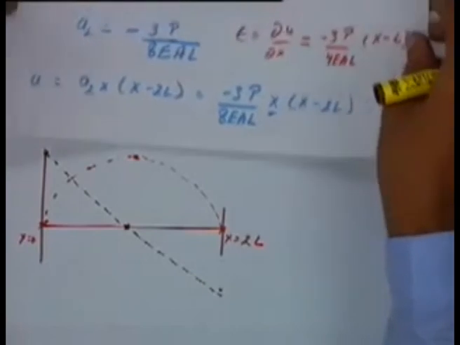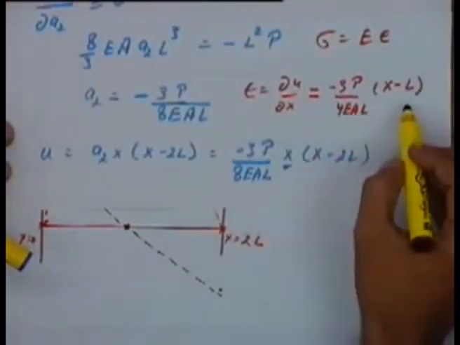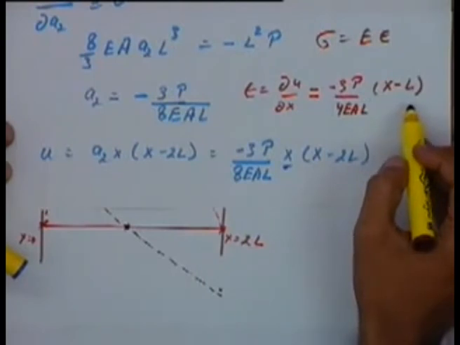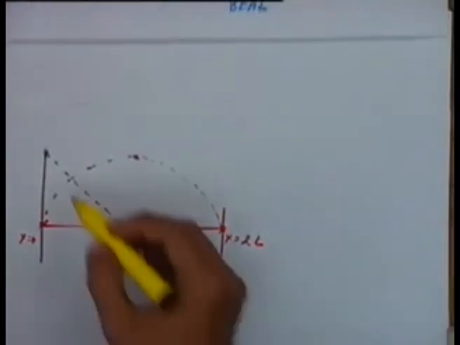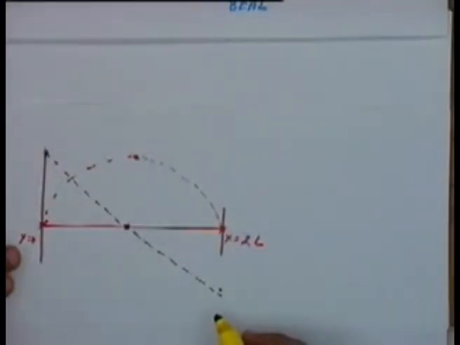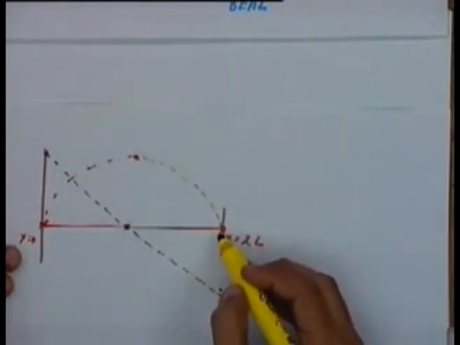If you look at this equation, the strain is a linear term, it is not a quadratic term. Strain is linear. So this is how the strain would look, and this is how the deformation would look.